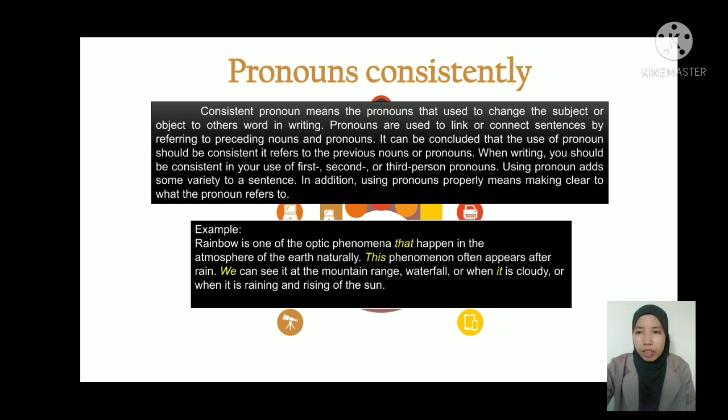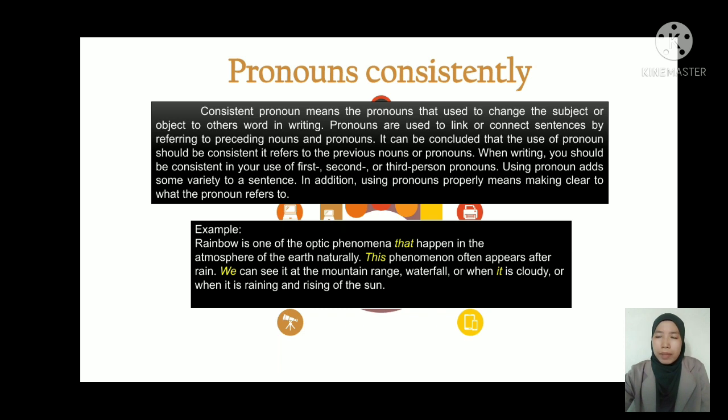For example, you can see this short paragraph: rainbow is one of the phenomena that happen in the atmosphere of the earth naturally. The word that is the relative pronoun which refers to rainbow.